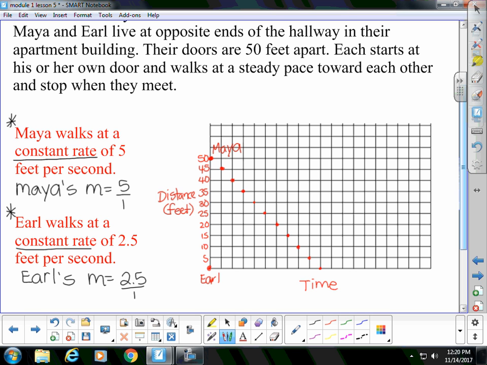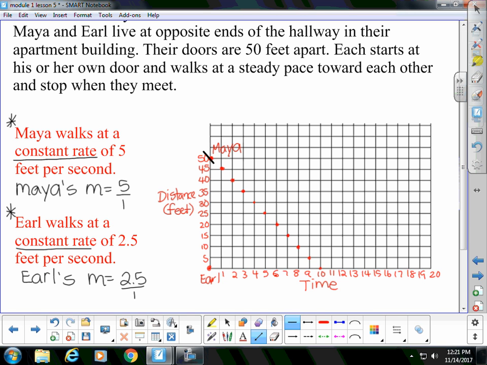My times, I can just call these, I don't know if they're minutes or seconds, they didn't give us a specified amount of time. But they're meeting in a hallway, so these probably are just minutes. Okay, so that's going to be Maya's line. Just going to draw a line in there.